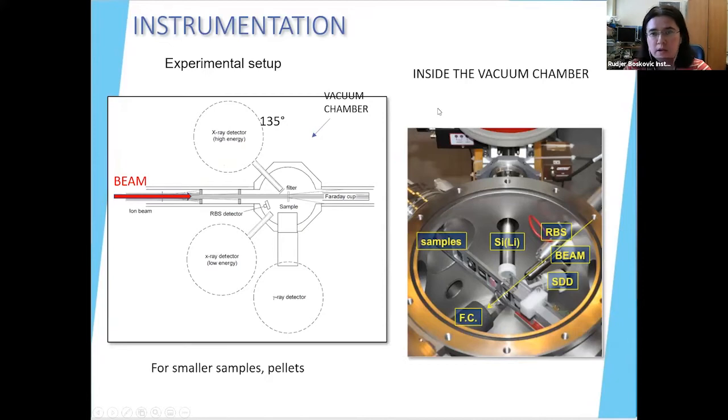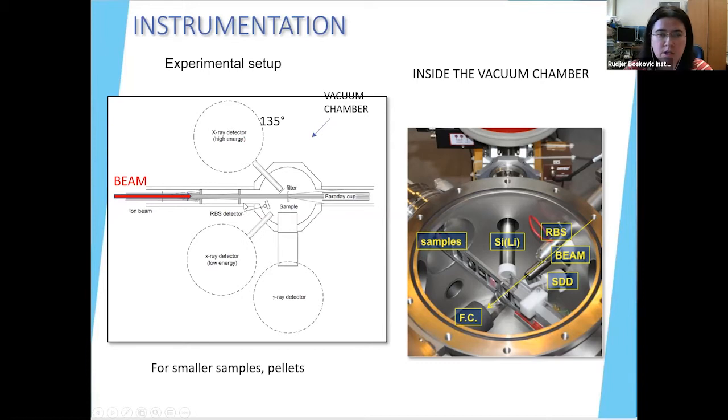In this part, I will now cover the experimental setup. So we have, let's say, two basic experimental setups. One is where everything is going on in the vacuum chamber. So here we have the vacuum chamber. This is the entrance of the beam inside the vacuum chamber, where we have a set of collimators.